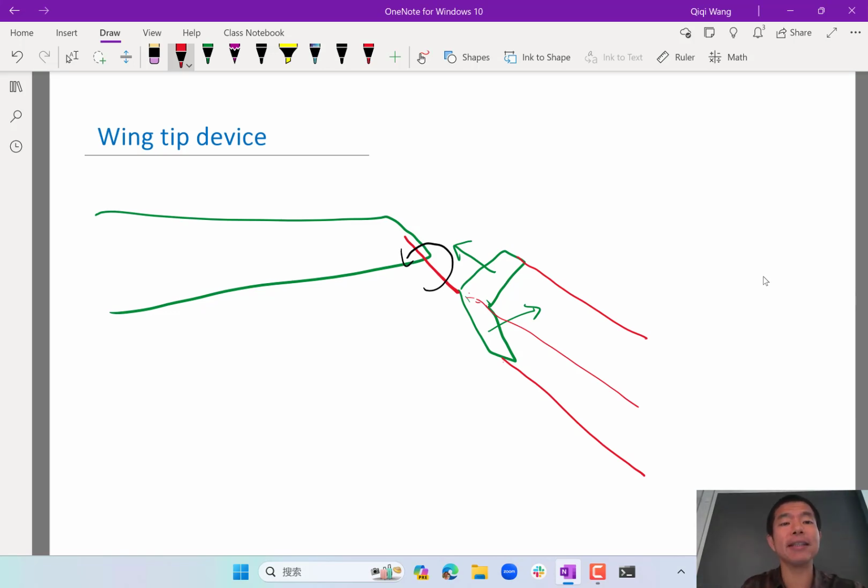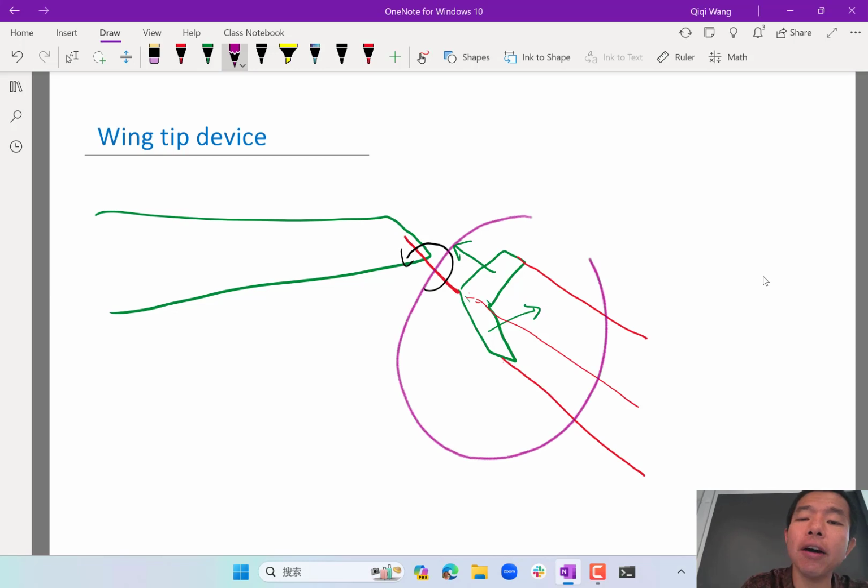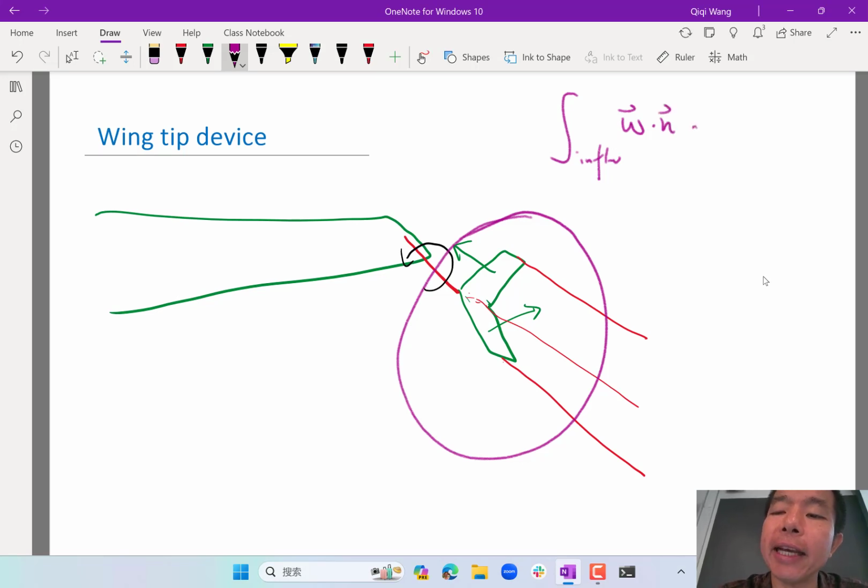Now if we perform a control volume analysis, if we draw a control volume around this winglet, what is the integral over the inflow part of the control volume surface of omega dot n dS, right?